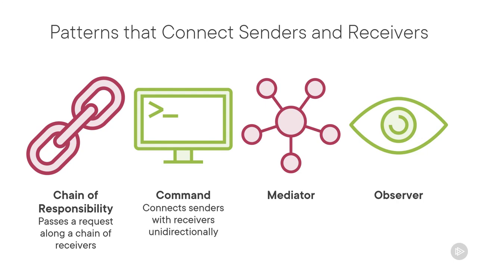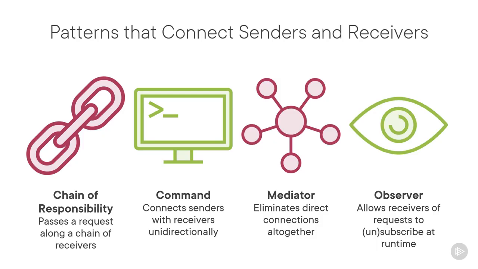Command connects senders with receivers unidirectionally, for example, from a button that's pushed in a UI to the action that finally gets executed. The mediator pattern, as we've just learned, eliminates direct connections altogether. Communication runs through that mediator. And lastly, the observer allows receivers of requests to subscribe and unsubscribe to them at runtime.